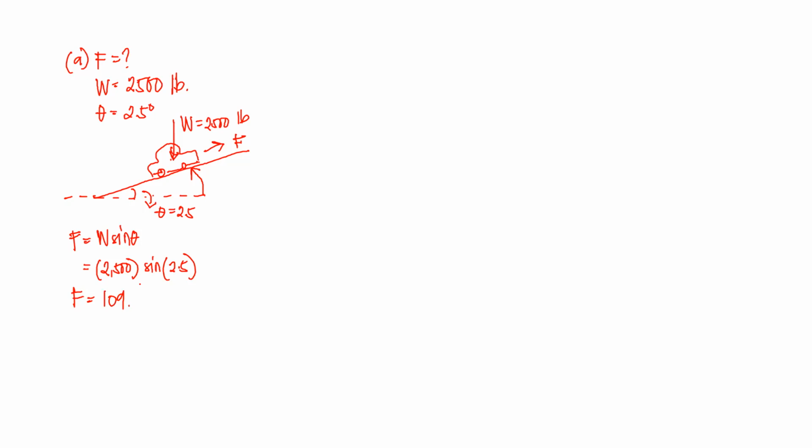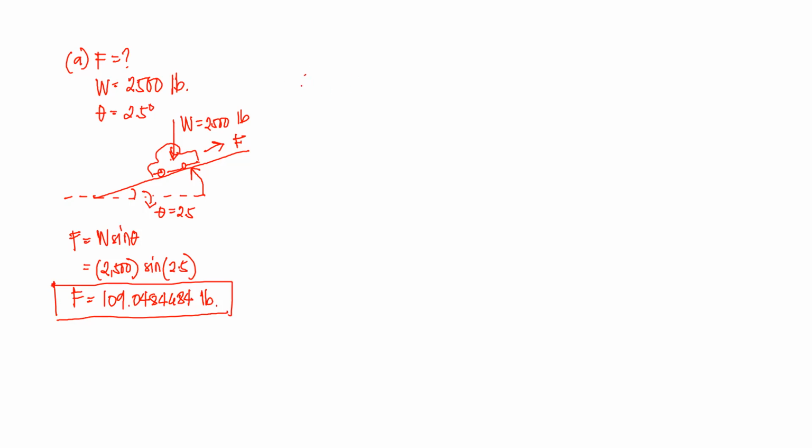You write all the numbers you see in your calculator. That is 109.0484684. And of course, our unit is force, so it is not just any number we got. Force is what we are looking for, so the unit is pounds. So your force is going uphill if the weight of your car is 2,500.